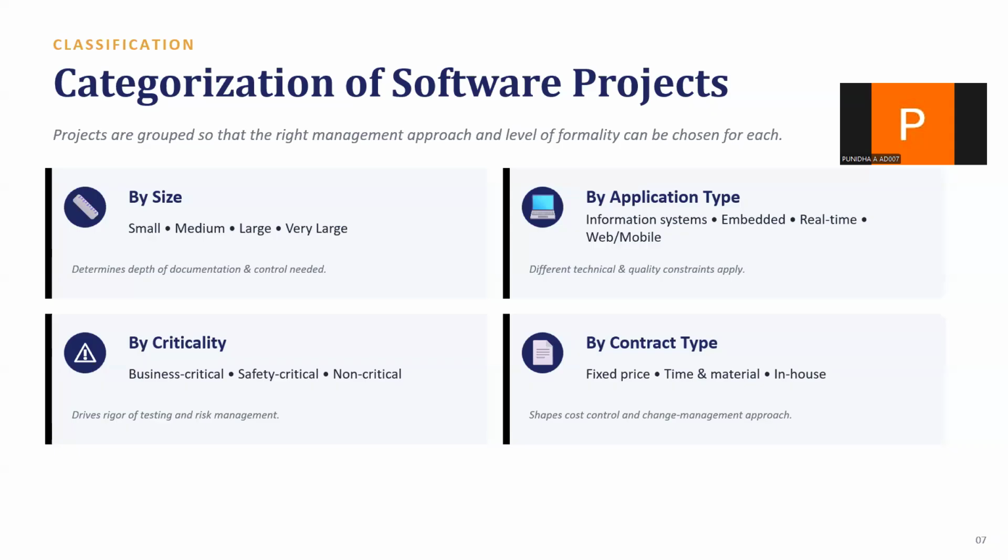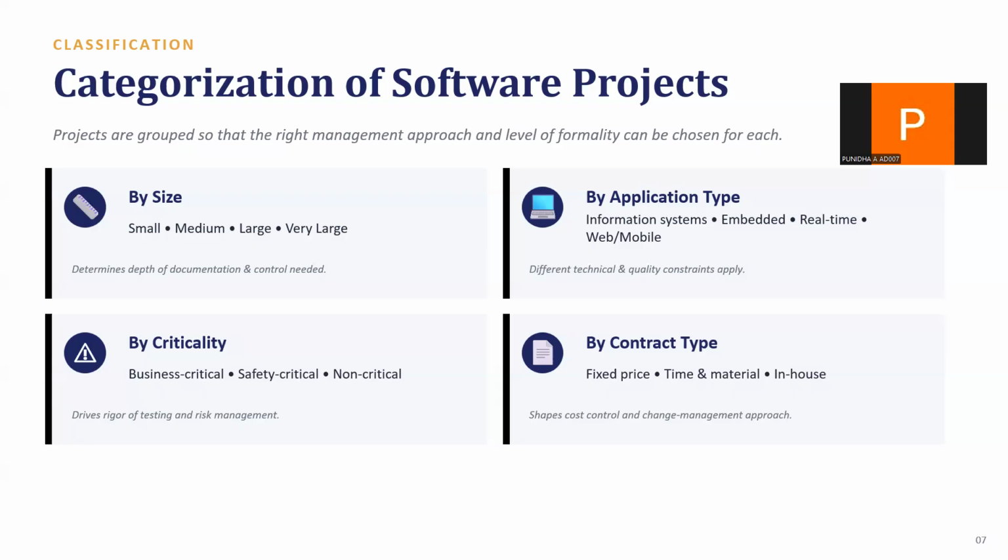Categorization of software projects. Speaking of context, projects also get categorized so the right management approach and level of formality can be applied. There are four common ways to classify a project: by size, small, medium, large, or very large, which determines how much documentation and control is actually needed. By application type, information systems, embedded, real time, or web and mobile, because different application types come with different technical and quality constraints.